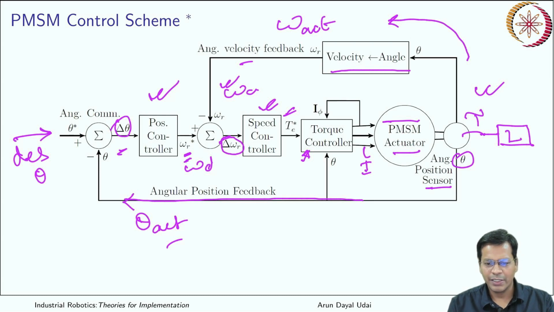Now you may have a direct angular feedback over here, or you may just have a velocity sensor which is taking the omega. So you don't need to convert angle to velocity, the rate of change of angle. You can directly get the velocity feedback and compare it in this summing block. Finally the difference goes to a speed controller, which gives an output of torque.